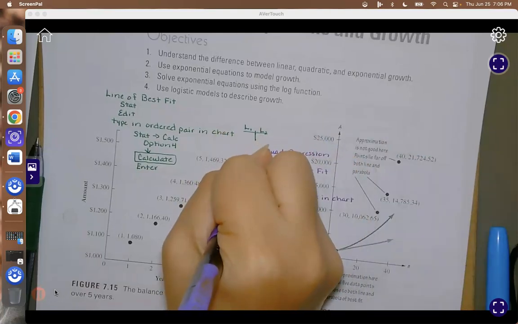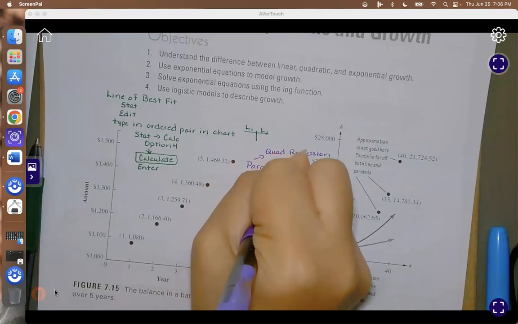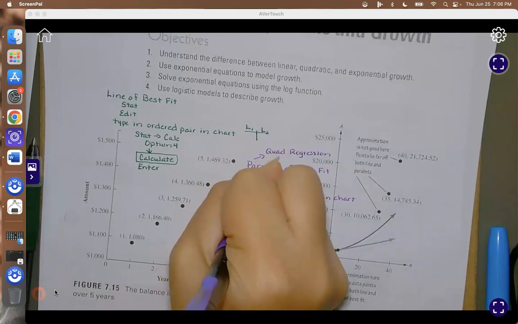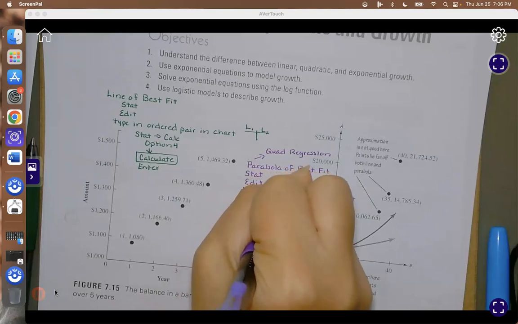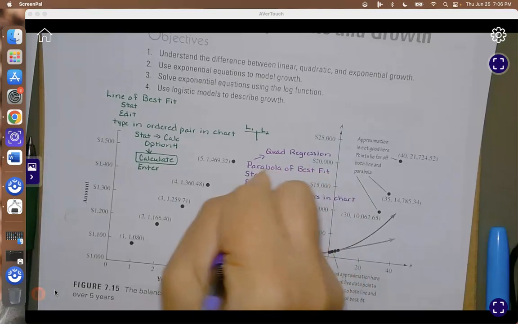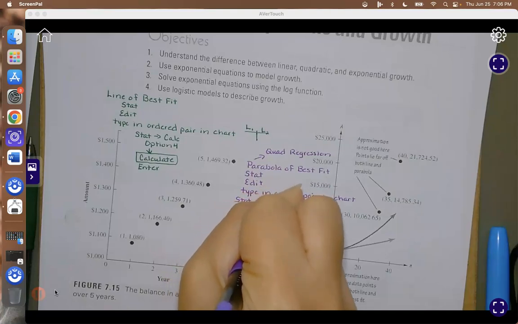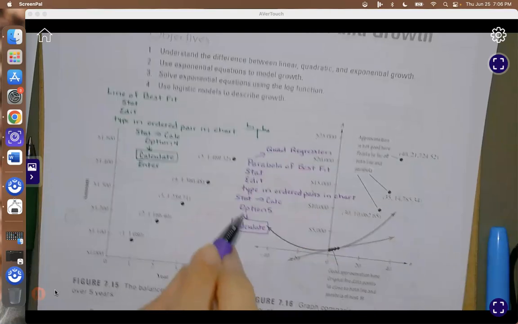Then we go to Stat, over to Calculate, and this time we're going to choose option 5. Then we'll go down to Calculate. So the only difference is this step.